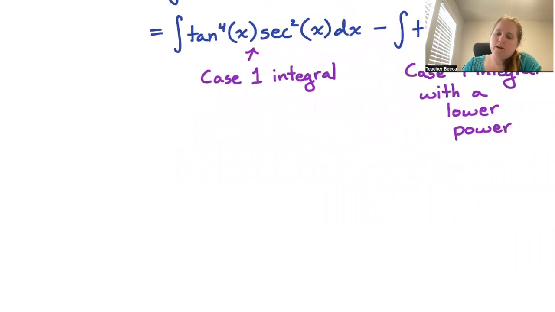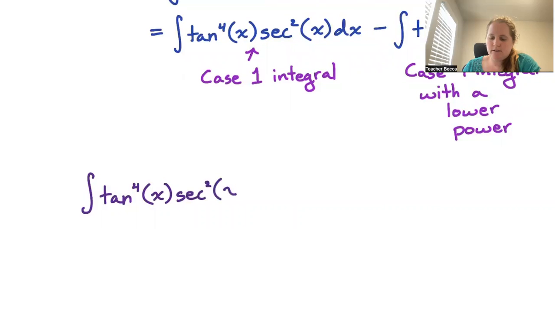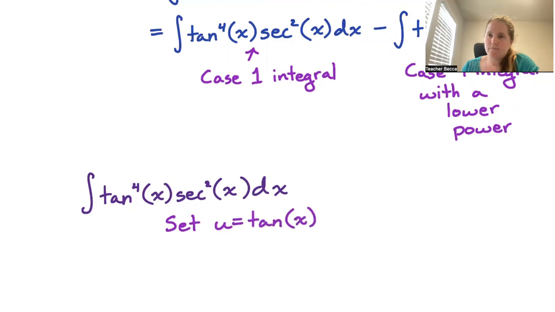So we have the integral of tangent to the fourth of x times secant squared of x dx. We're going to set u equal to tangent of x. Then we have our du is secant squared of x dx.